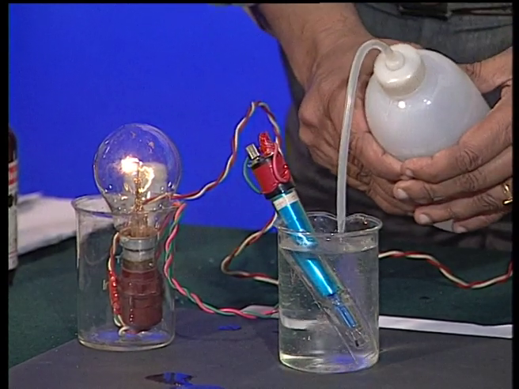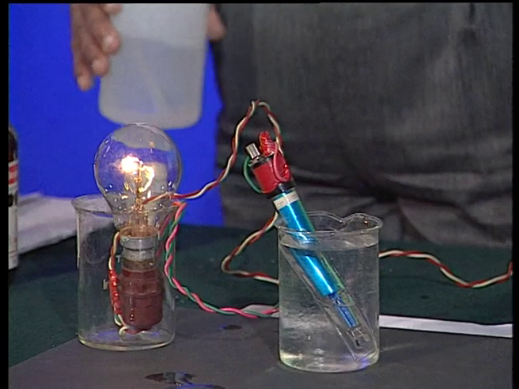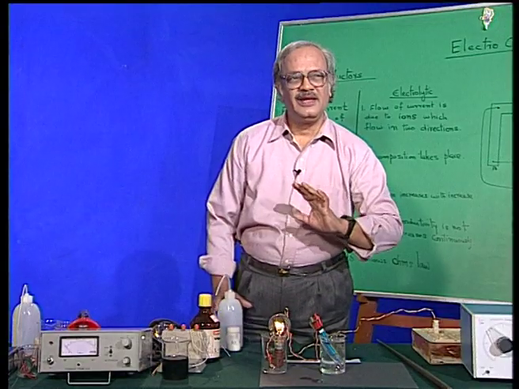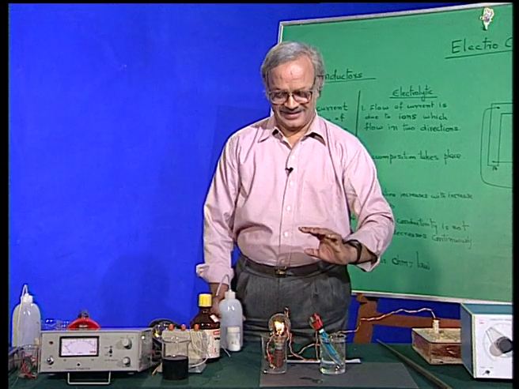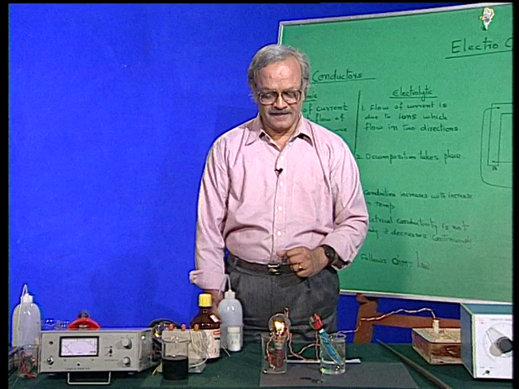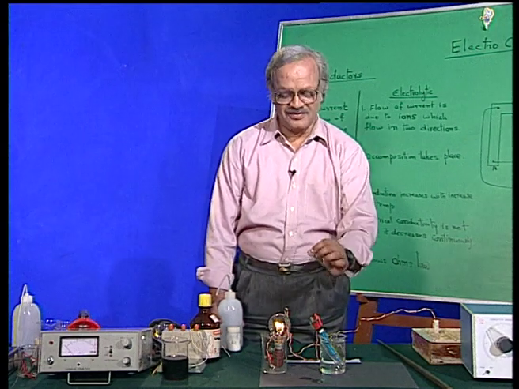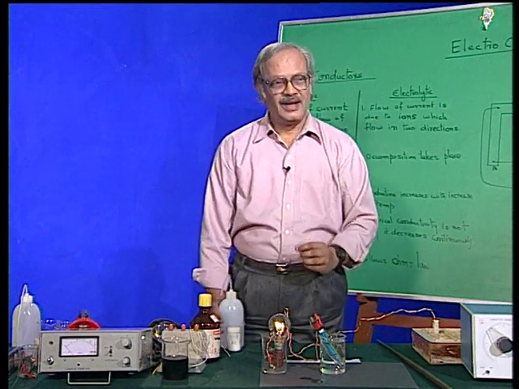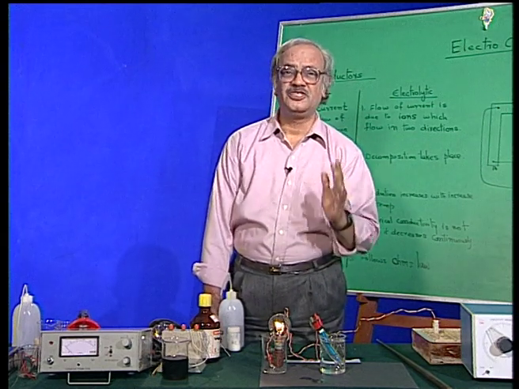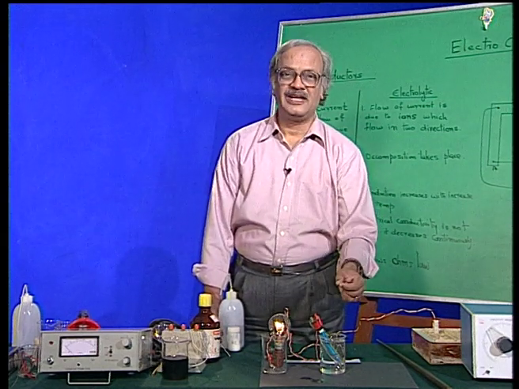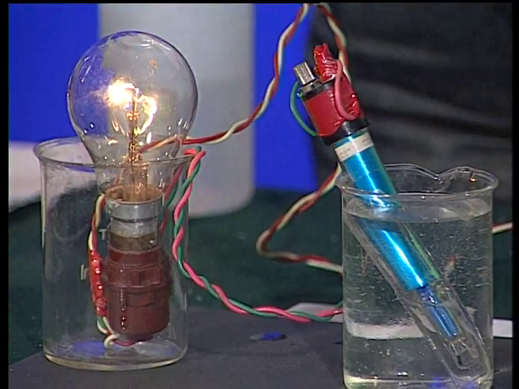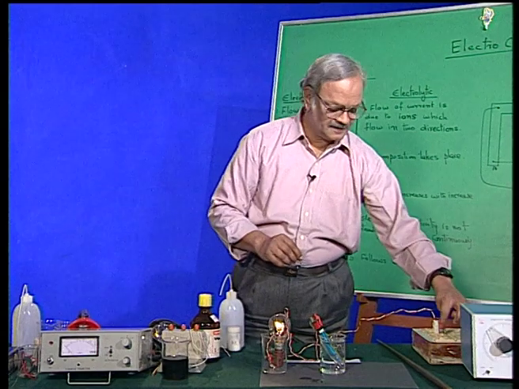I can still add more, and I think it is sufficient evidence to show that increase in dilution increases the electrical conductivity. This is one of the very simple and very fine experiments to show how the degree of ionization or degree of dissociation increases on dilution. It is a small setup, you can have carbon electrodes also and do it and see this particular phenomenon.